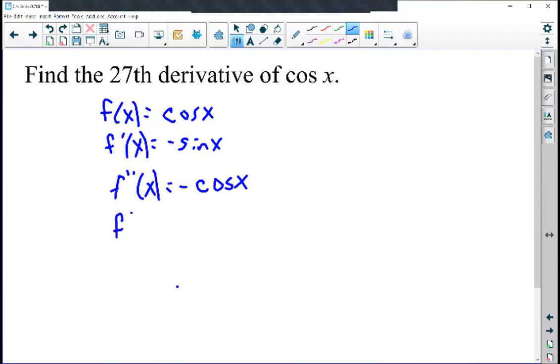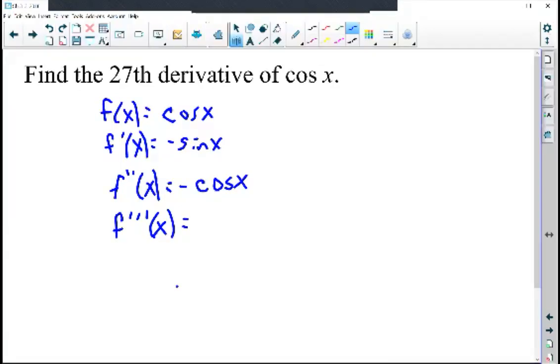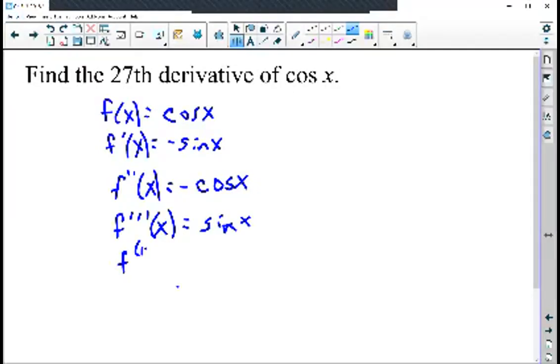All right, what's the derivative of negative cosine x? Sine x. And we're at the fourth derivative. What's the derivative of sine x? Cosine x. And look at that, then we're back to where we started.